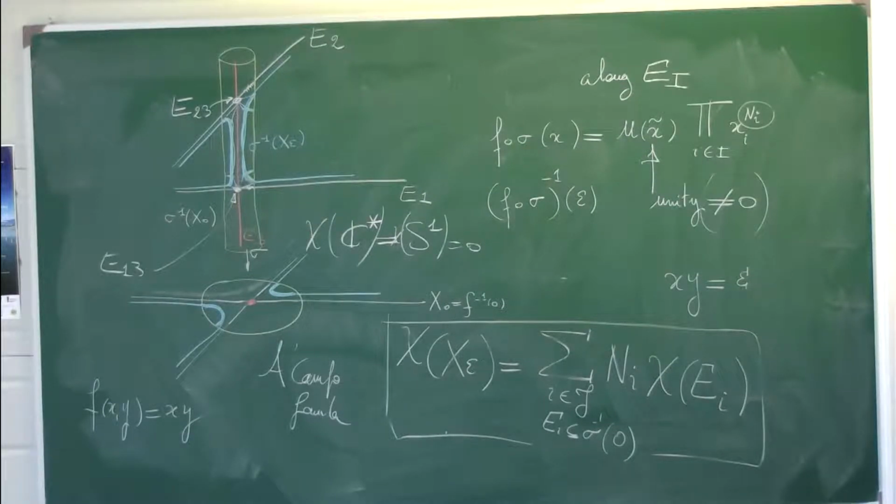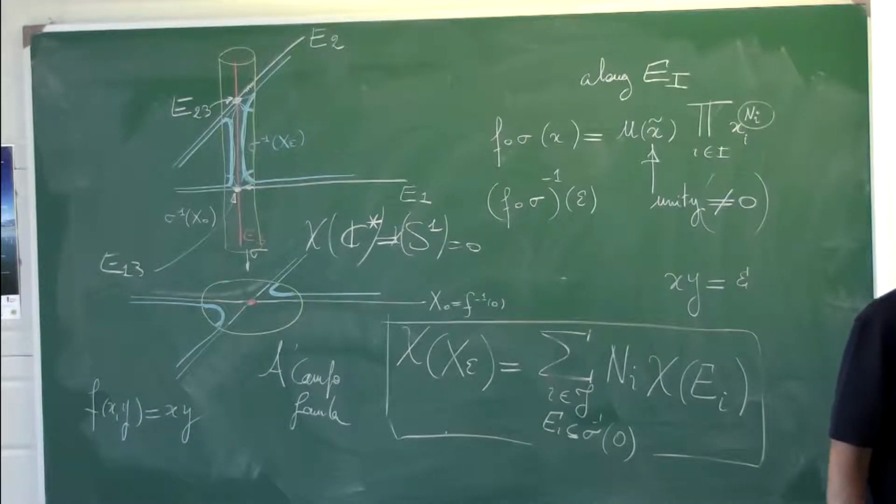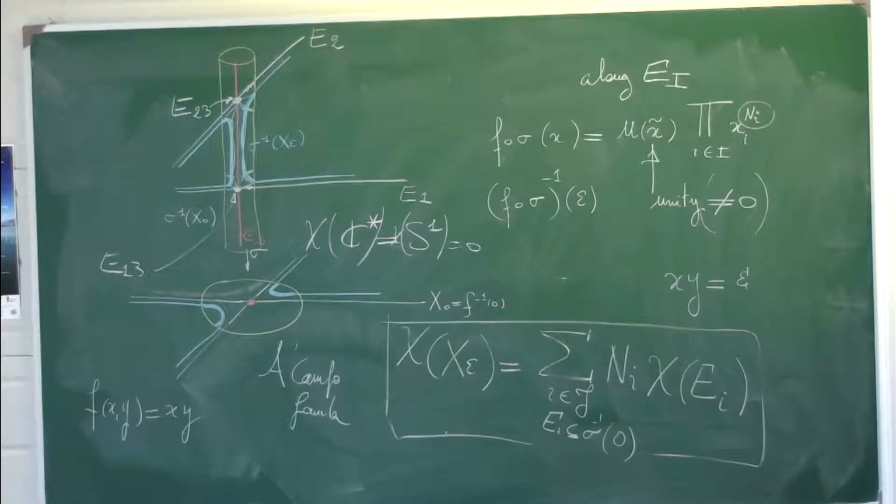And I take a reduction of this space, denoted by Ln, the space of polynomial arcs with degree at most n.